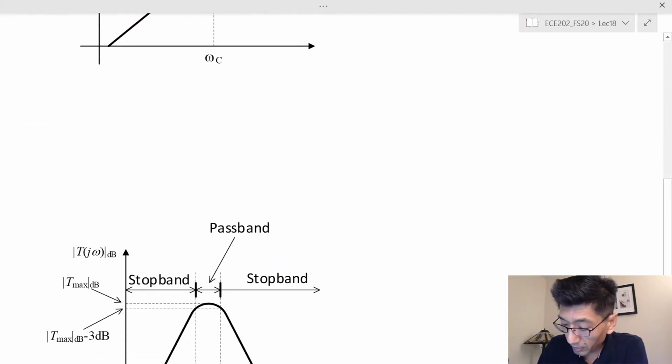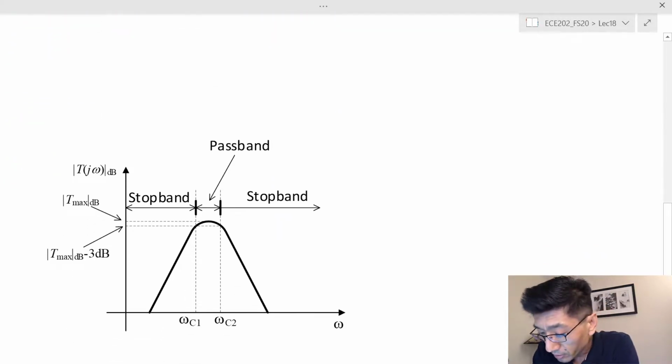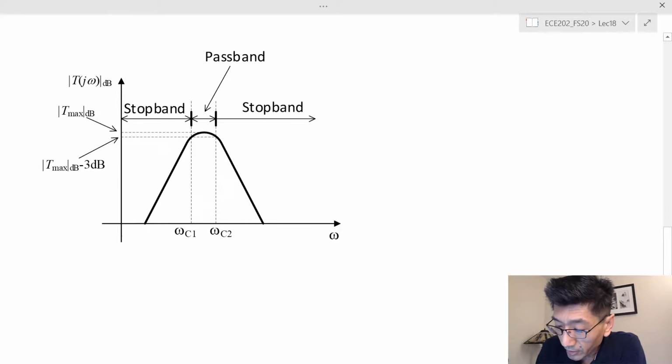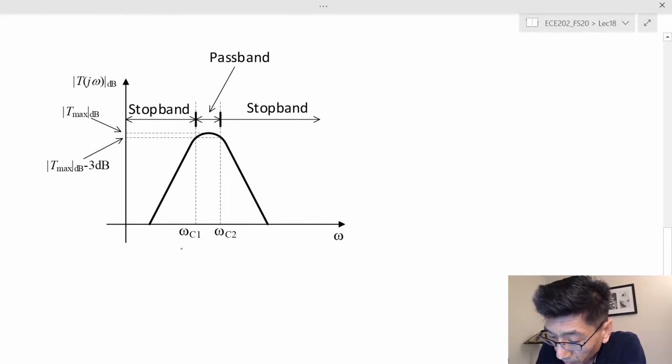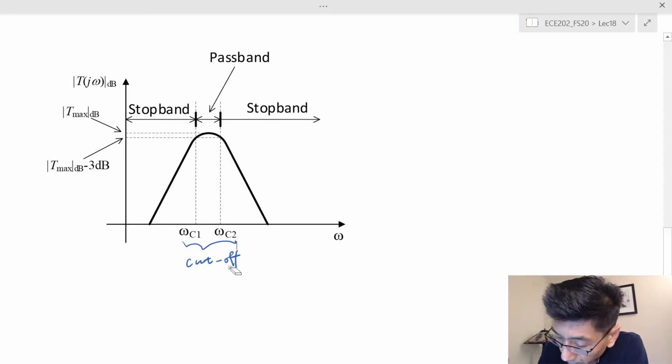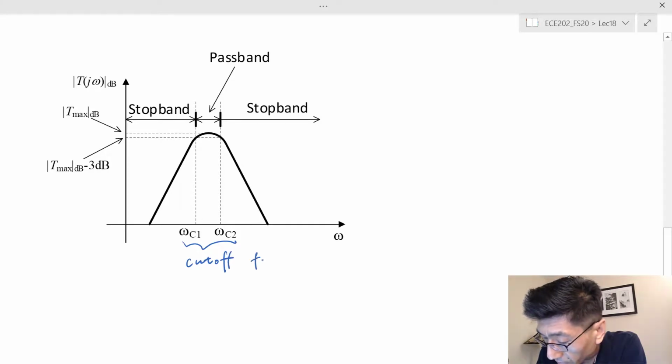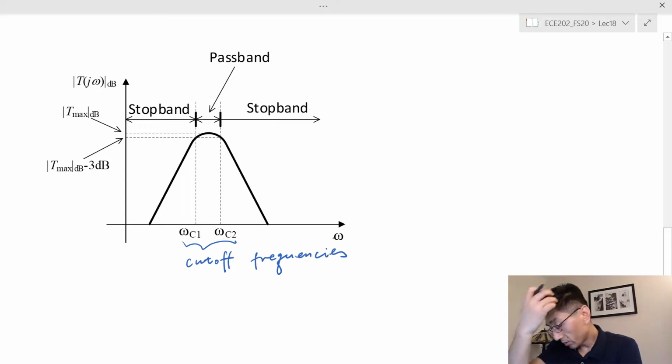Another type seems more complicated. Now we have two corner frequencies, both are cutoff frequencies. In this case, the pass band is between these two frequencies.